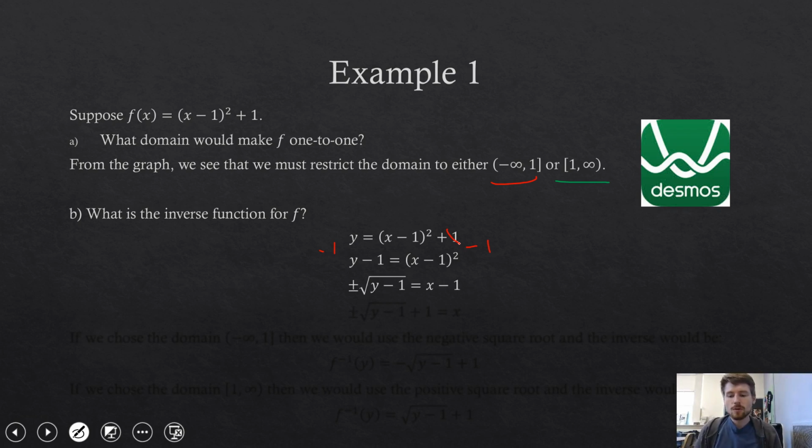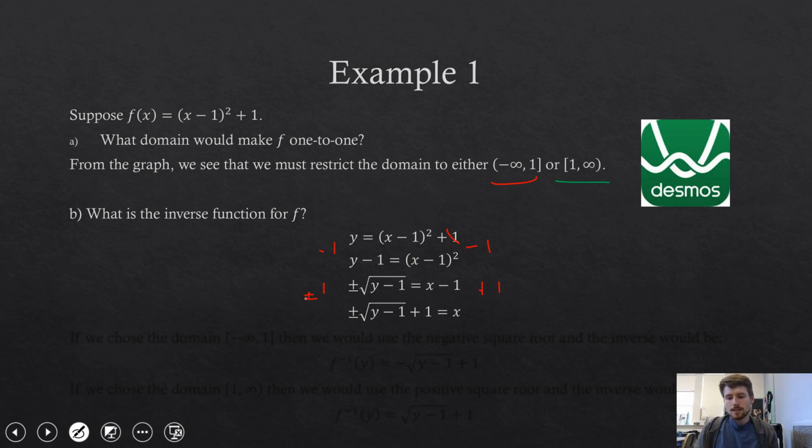When we take the square root, we get both plus and minus signs coming out of this thing. So we have plus or minus the square root of y minus 1 equals x minus 1, and then our last step would be to add 1 to both sides. And so that gives us a formula, plus or minus the square root of y minus 1, plus 1, equal to x. And we have this funky plus or minus thing we have to deal with.